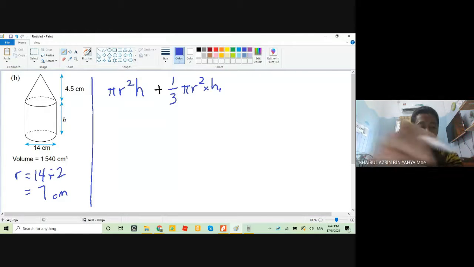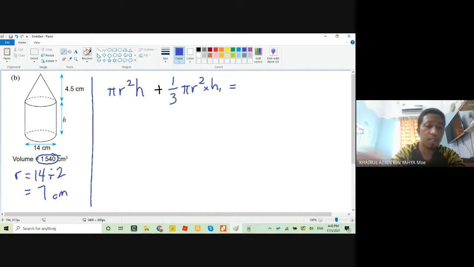This total volume equals 1,540 centimeter cube.